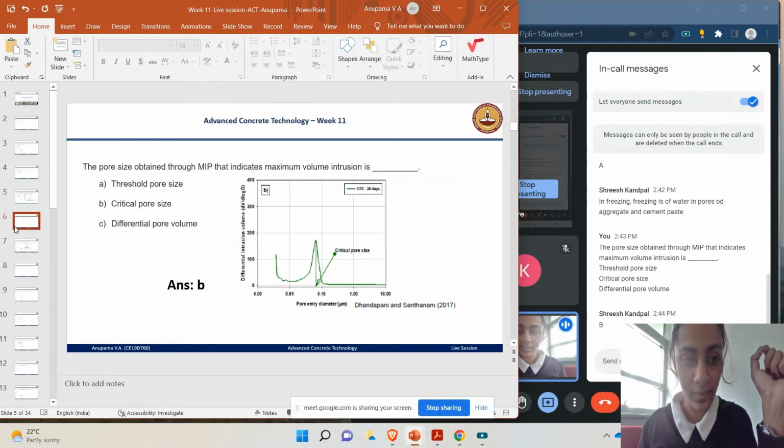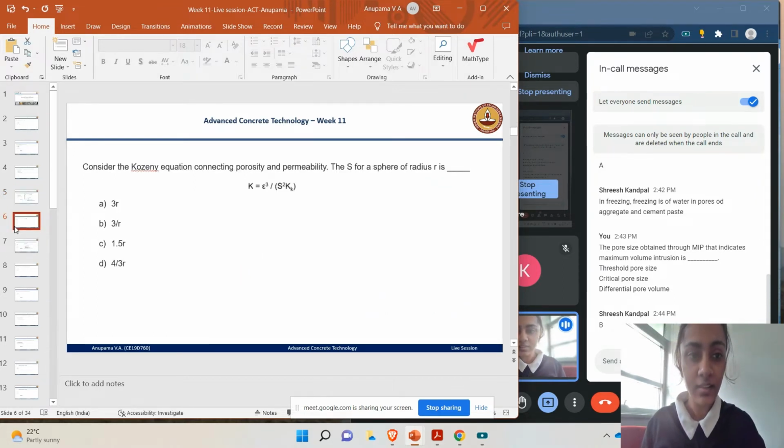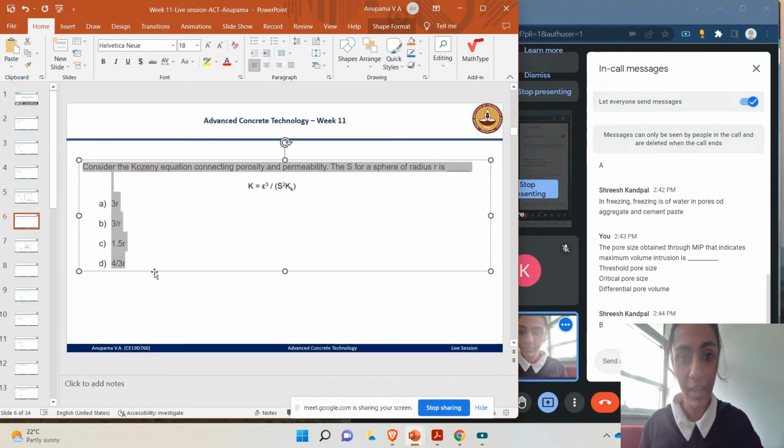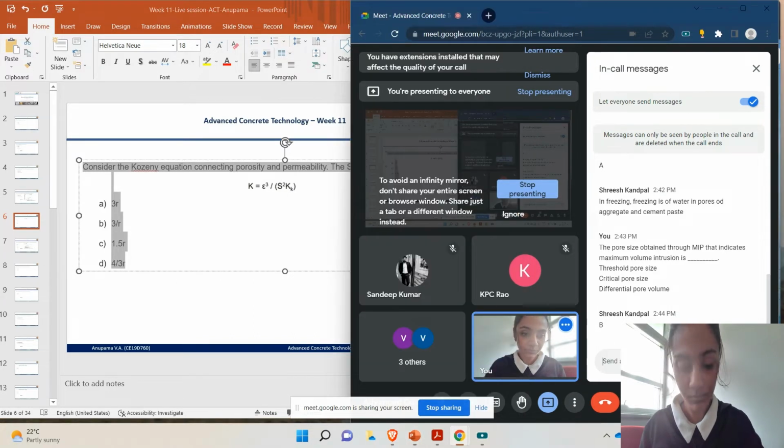Now, moving on to the next question. Consider the Kozeny equation connecting the porosity and permeability. So there is this term S here. The S for a sphere of radius r is dash. So the Kozeny equation connects permeability and porosity.